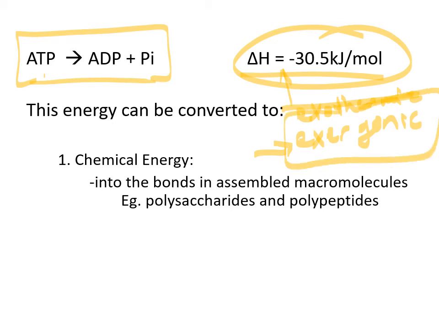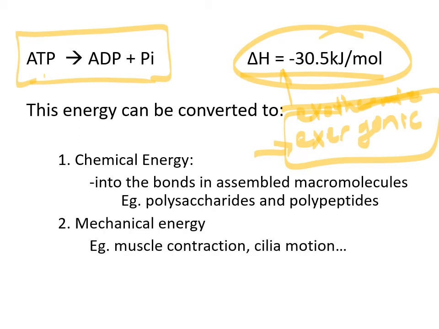So we can use this exergonic energy, this free energy, to put into bonds. We can actually build larger molecules and store that energy in bonds as chemical energy. We can use the energy for mechanical energy, things like moving the cilia and flagella on cells, contracting muscle fibers. All of that is going to require some energy. We can get that from ATP. And we saw with transport, we can move particles from a low concentration to a high concentration, against what would happen normally through diffusion.